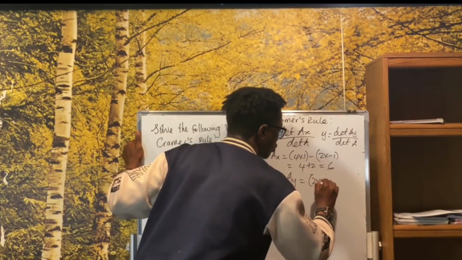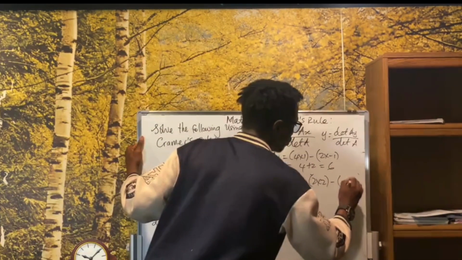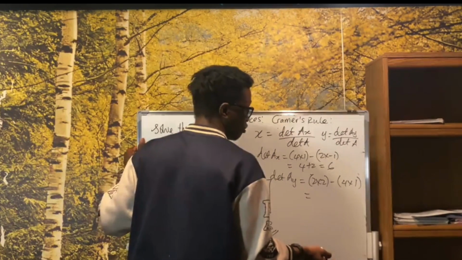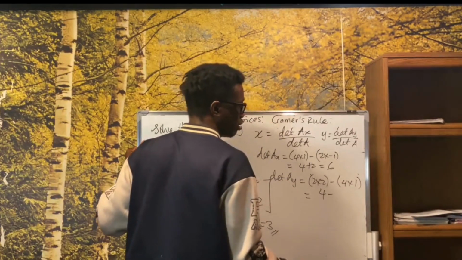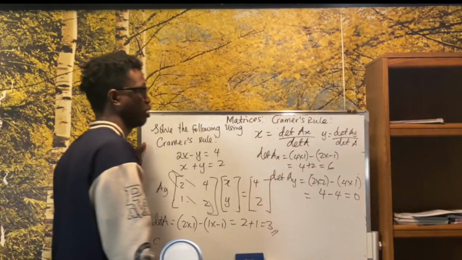This is 2 times 2 minus this time this, 4 times 1. Okay, this and this becomes what? 4 minus this and this becomes what? 4 again. So your answer here becomes 0.